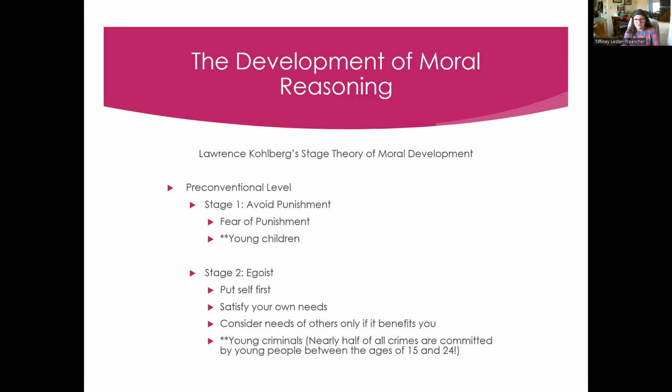And did you know that nearly half of all crimes are committed by young people between the ages of 15 and 24, where they would typically be in the egoist stage. Their moral reasoning has not advanced past this pre-conventional level just yet.